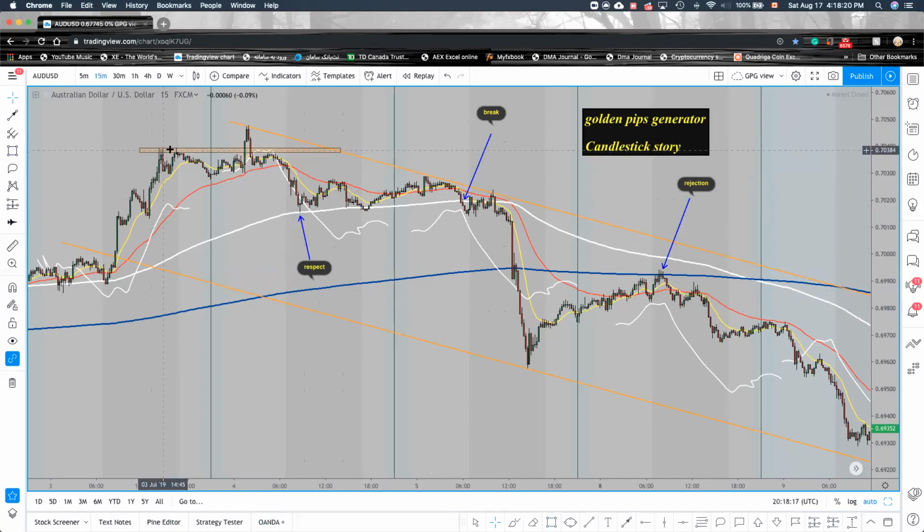Market creates a zone, breaks it, acting as if this zone is broken, retests it like it's continuing the move.